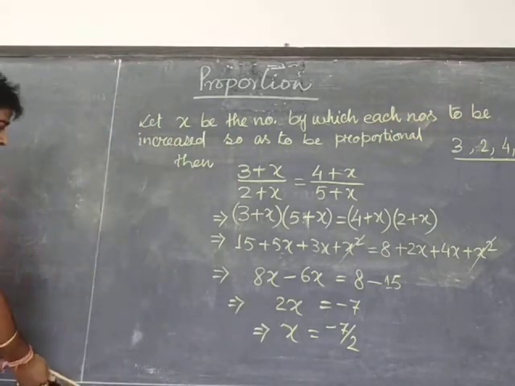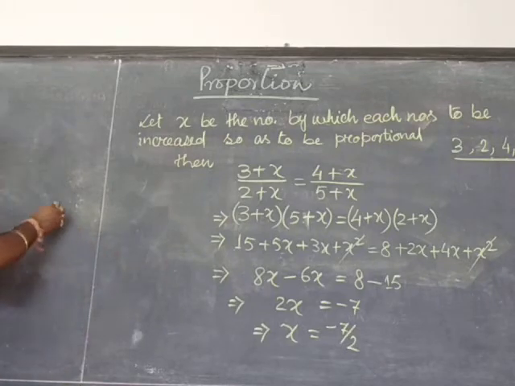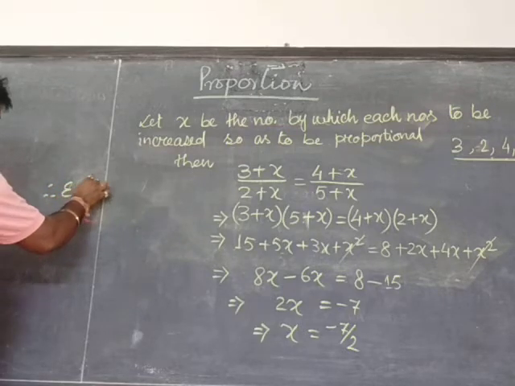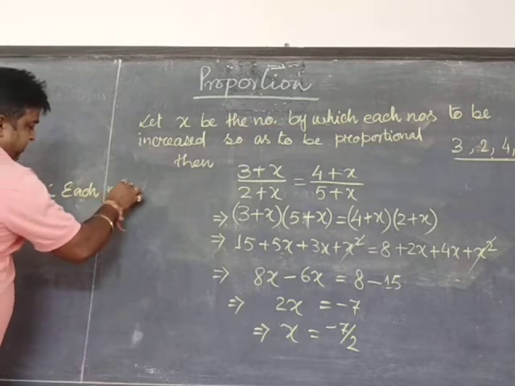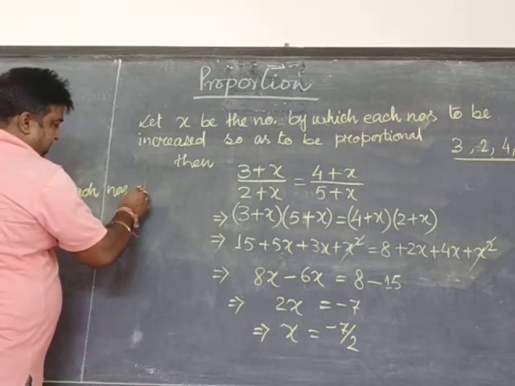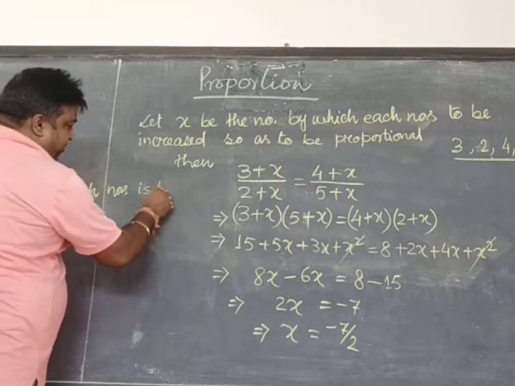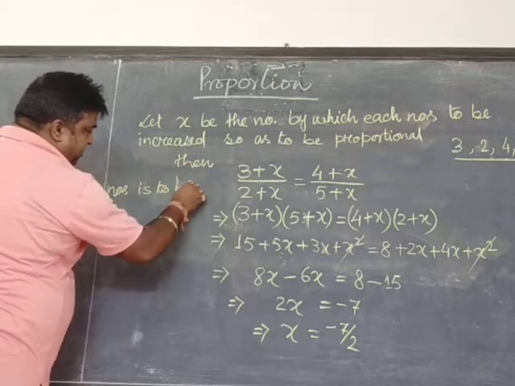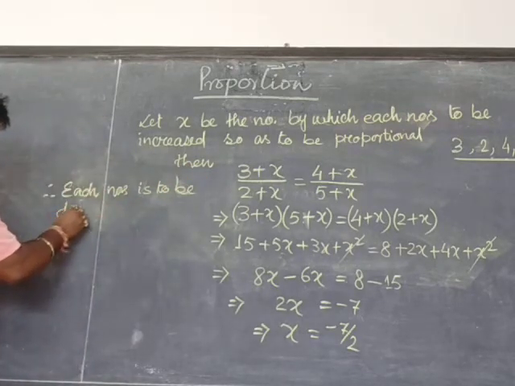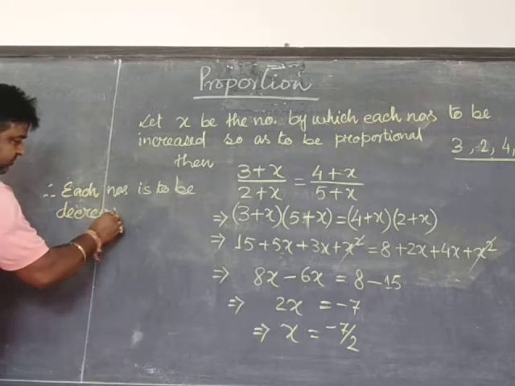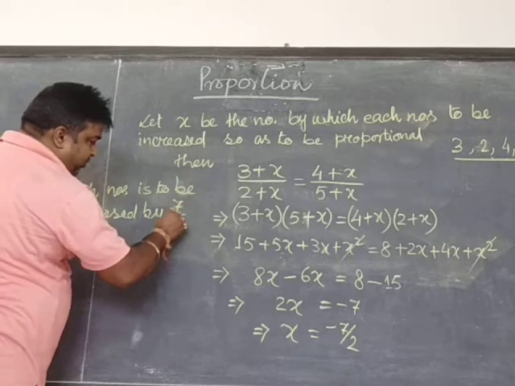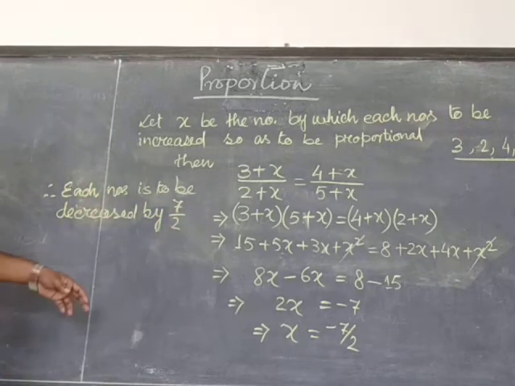Each number, you have to write the answer like that. Therefore, I am writing here: therefore, each number is to be decreased by 7 by 2. Here we will not write minus 7 by 2.